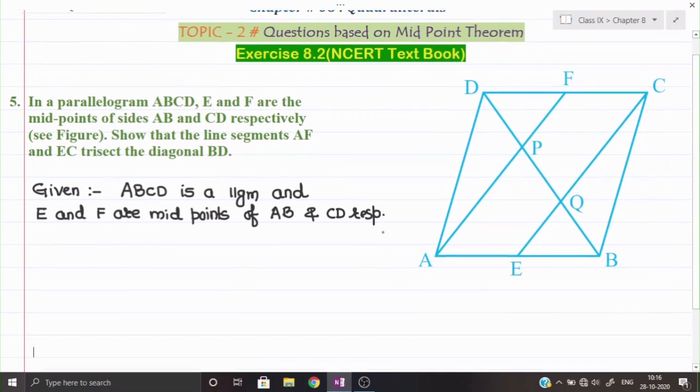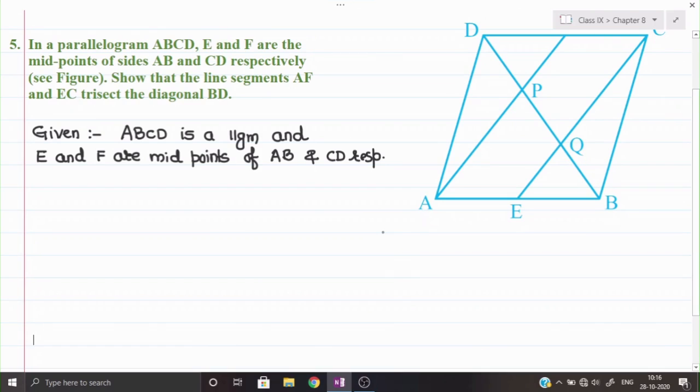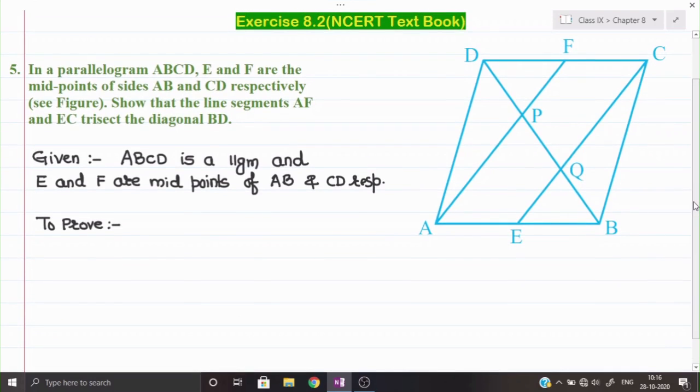Now what we need to prove here, we shall clarify properly. They are saying to prove that line segment AF and line segment EC, are you seeing the two line segments here, AF and EC? They divide the diagonal BD into three equal parts. So what can the three parts be? Can you separate the three parts of BD?